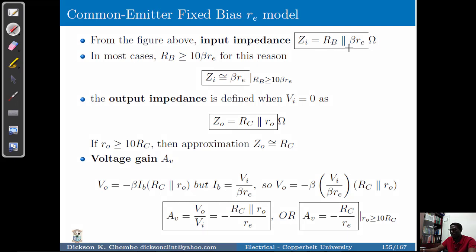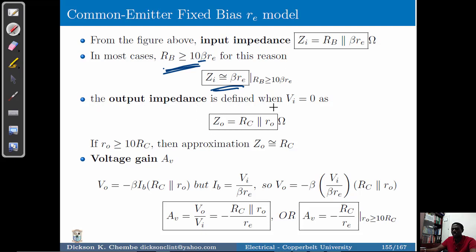So RB is parallel to beta RE. In most cases, RB is going to be greater than 10 beta RE. For this reason, we can approximate the input impedance as approximately equal to beta RE, provided that this condition is met. So to use this approximation, you have to verify that this is true. If it is not true, then the approximation does not apply.